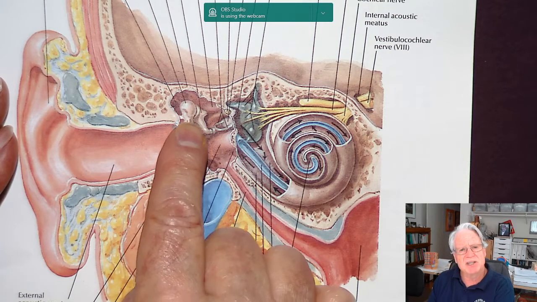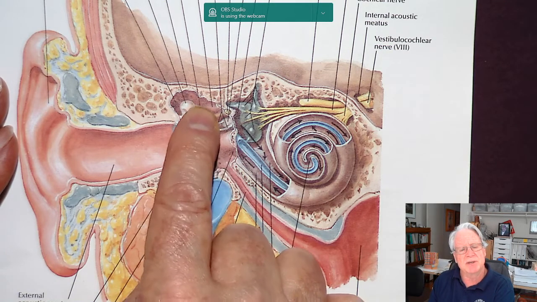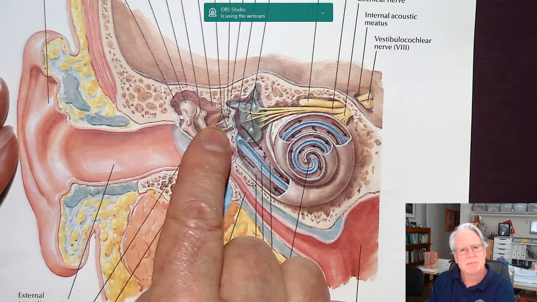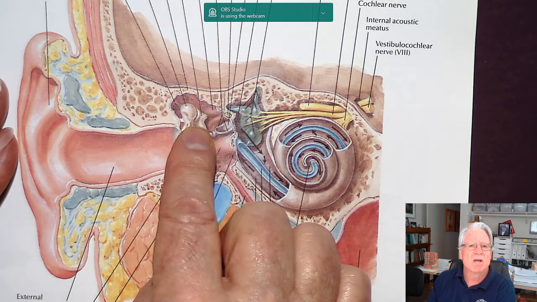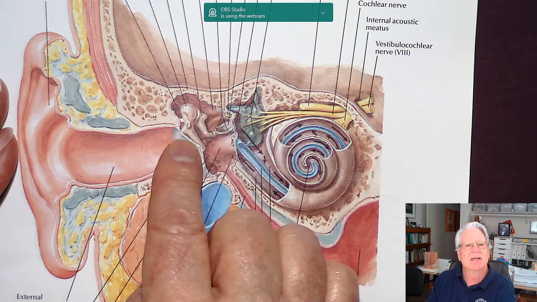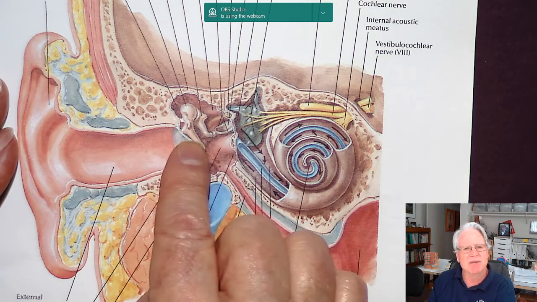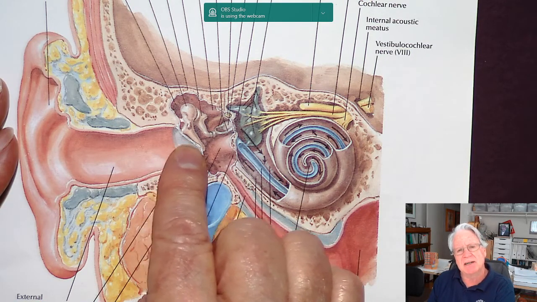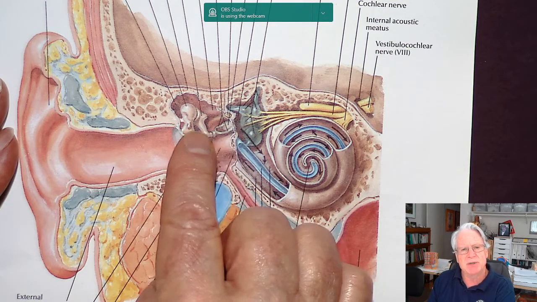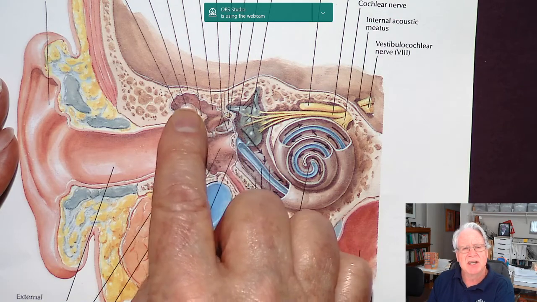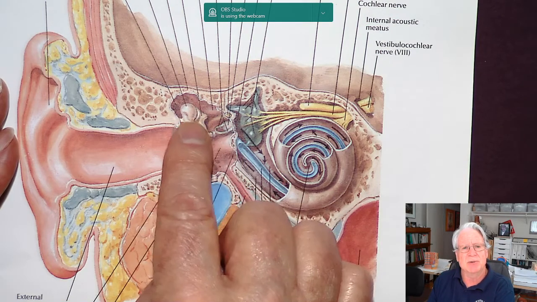That vibration is picked up by the 3 bones that we call the auditory ossicles. So they are a way to enhance and to magnify the movement of the eardrum. So it doesn't take a great deal of movement of the eardrum to produce a lot of movement right here, because you get this mechanical advantage by the way these bones are arranged.